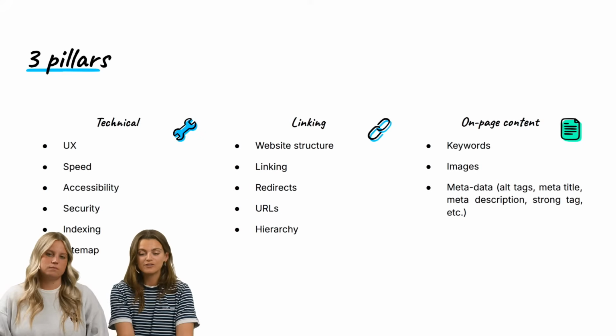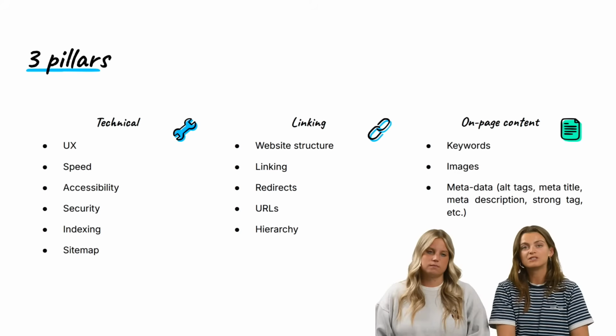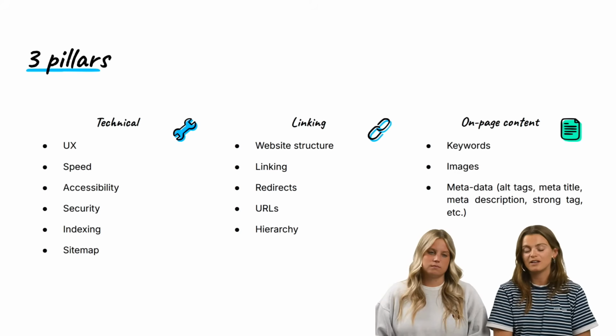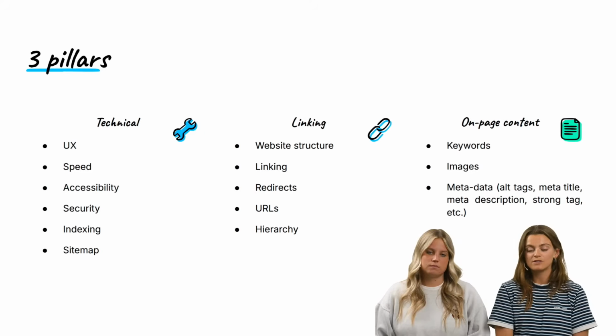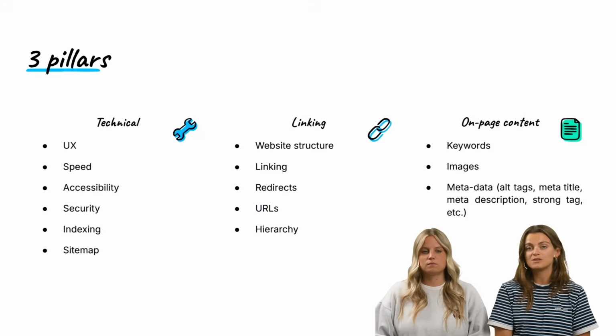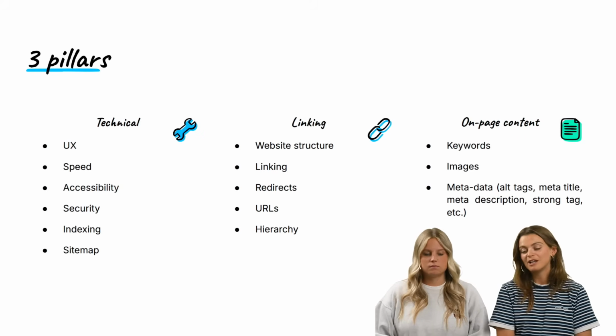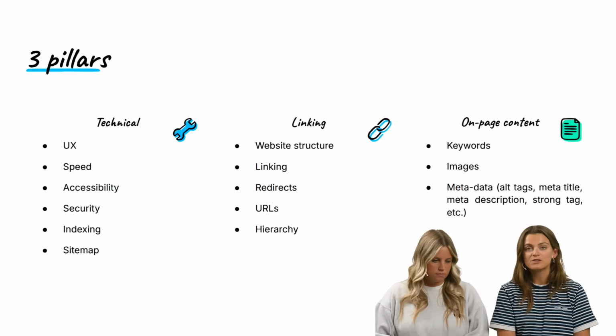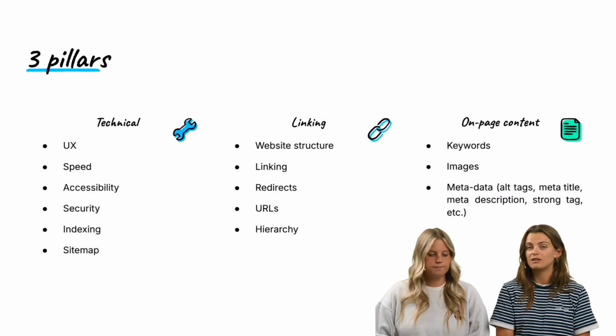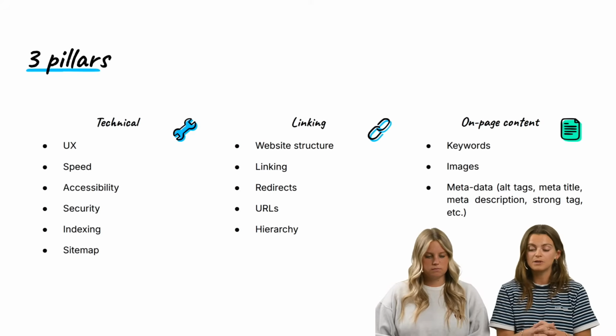So first off, let's start with the three main pillars that we will focus on today. The first one covers everything technical. So it goes from user experience to speed, sitemap creation, and so on. Then we have the second pillar, which is about linking, so the website structure, the links between your URLs, how your website is built in terms of hierarchy between all the pages.